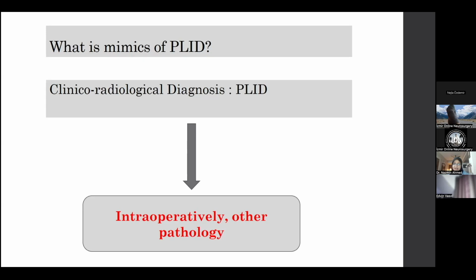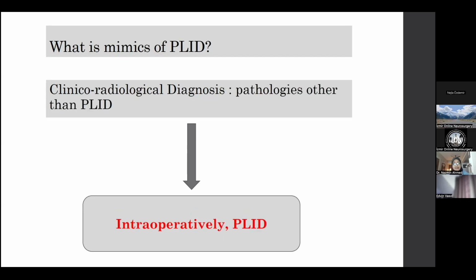In the first half, I will discuss cases where the clinico-radiological diagnosis is PLID, but intraoperatively we detect other pathologies rather than PLID. In the second half, the clinico-radiological diagnosis is a pathology other than PLID, but intraoperatively surgeons detect lumbar disc herniation.